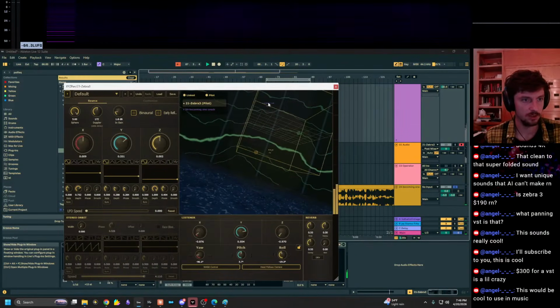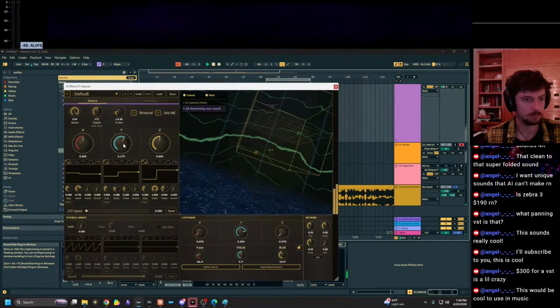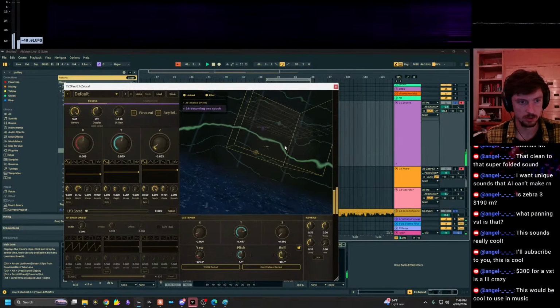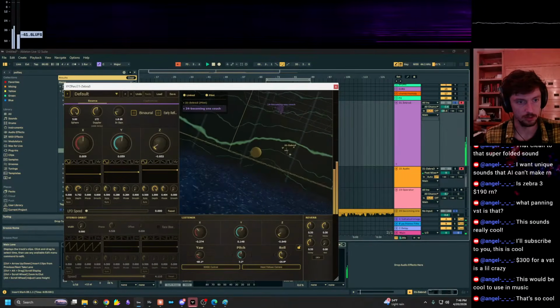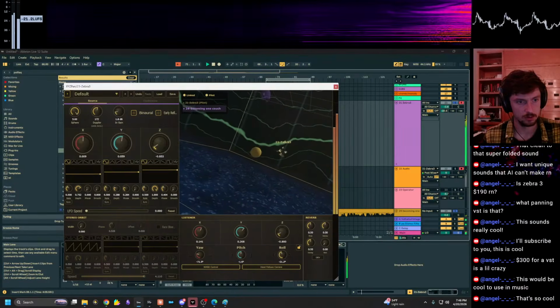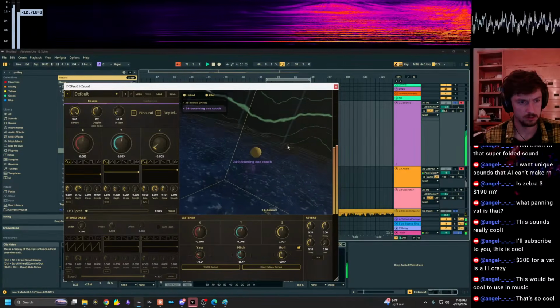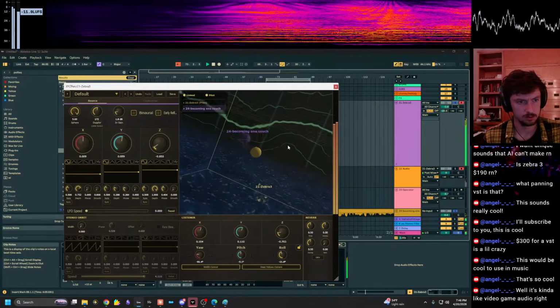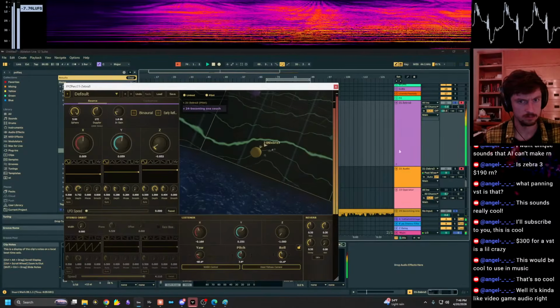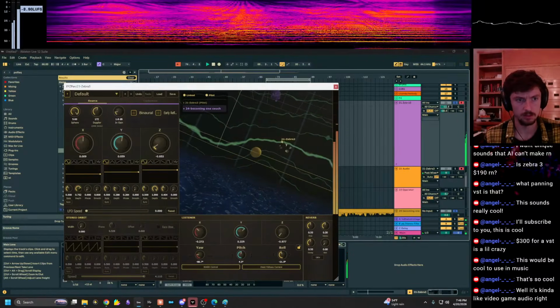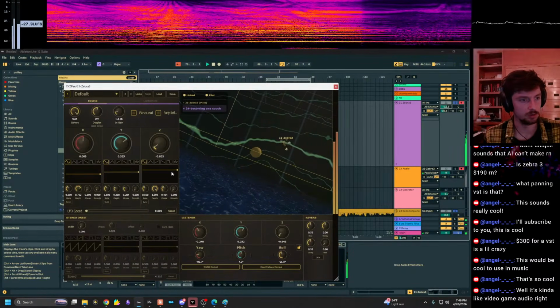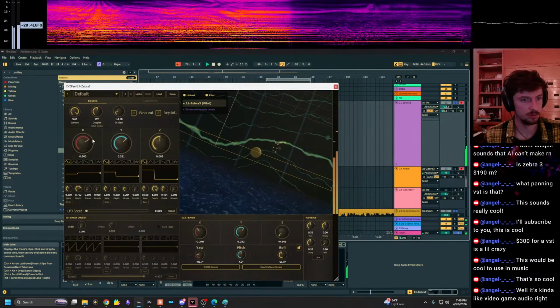So now both of these sounds exist in the same instance, and I can control both sounds. So now if I move around, does this sound? Right? And I can make this one move over there, make this sound move over here.